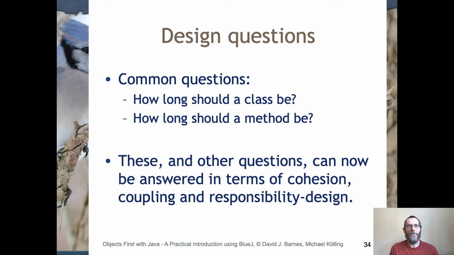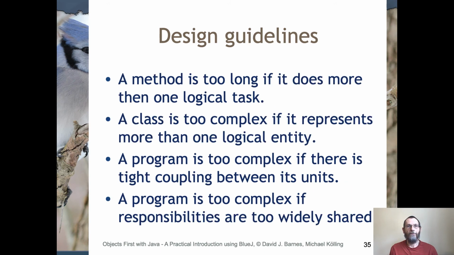What's its maximum size? How long should a method be? Do I have too many lines of code inside this method? And if we rethink those questions in terms of some of the design factors that we've been exploring, we can see that absolute length is not really the issue here. It's more to do with issues like cohesion, responsibility-driven design, and coupling.